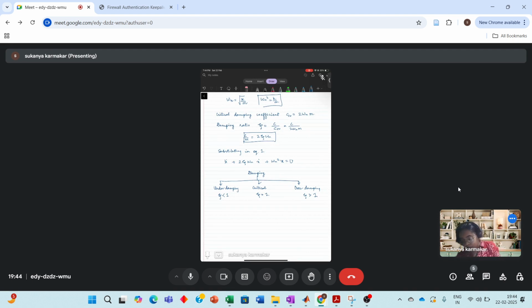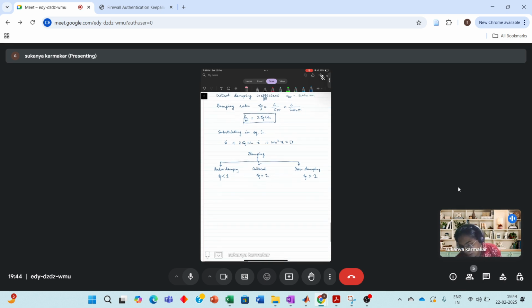So what do we mean by that? Zeta less than 1 means we can say C by C critical is less than 1.